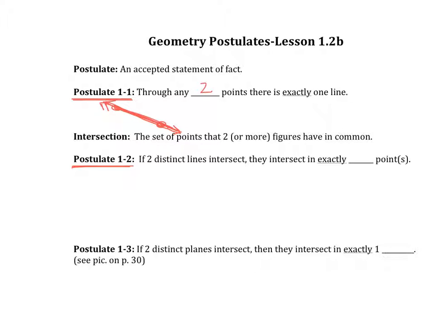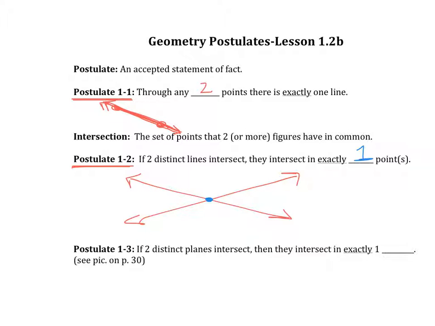If I take a line and then another line, how many points do they meet at? 1, right? The only point they have in common is this point right here. So they intersect in exactly 1 point. Okay, so that's postulate 1-2.